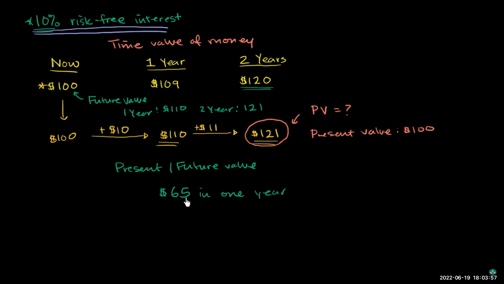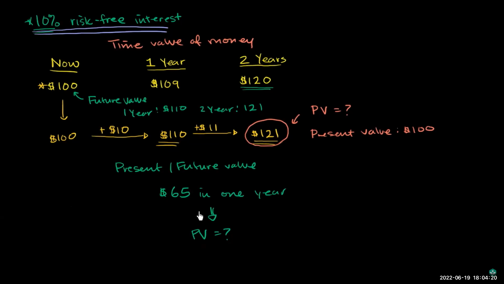And we ask ourselves, what is the present value of this? Remember, the present value is just asking what amount of money, if you were to put it in the bank at this risk-free interest, would be equivalent to this $65. Which of these two are equivalent to you?